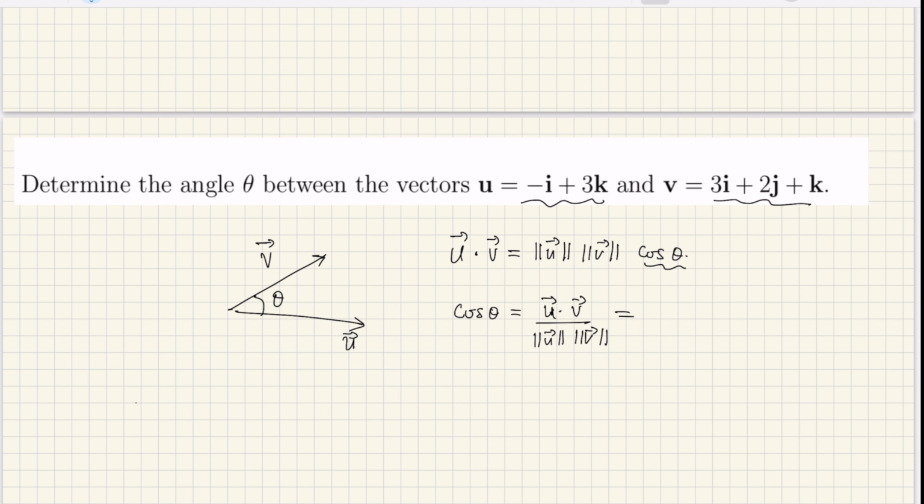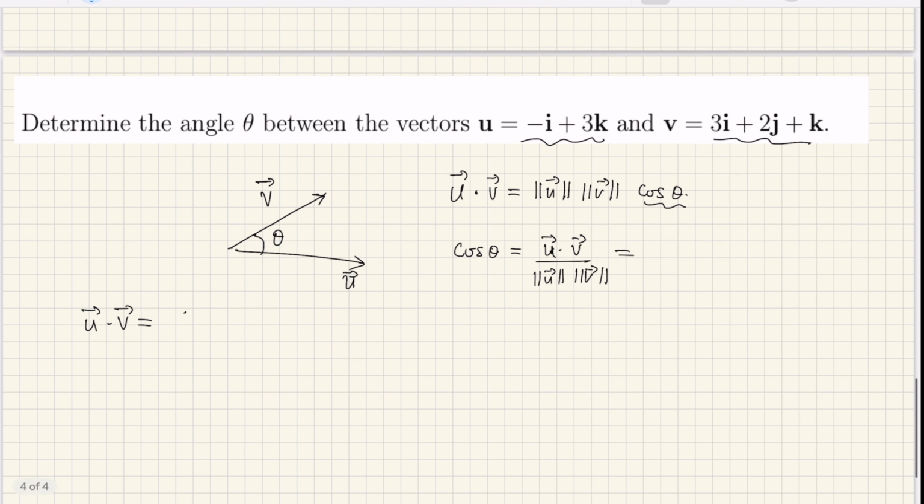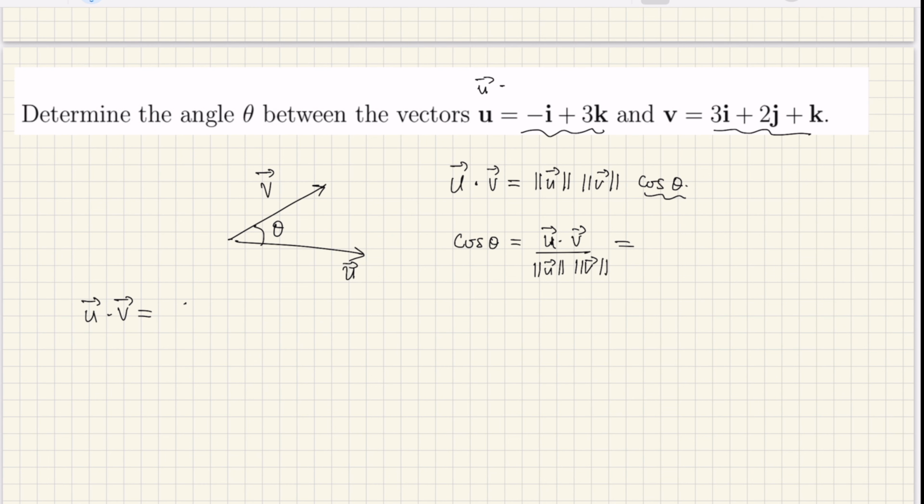Okay, so u dot v is given by, here I have my u to be components minus 1, 0, and 3, since the j component, the y component, is not present. And then v is given by 3, 2, and 1.